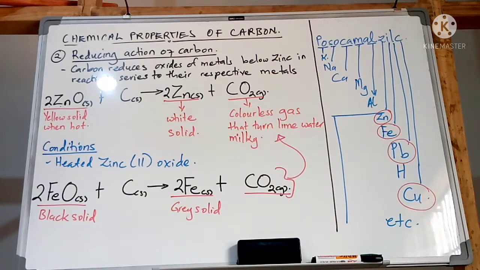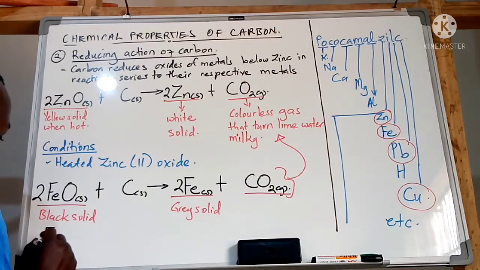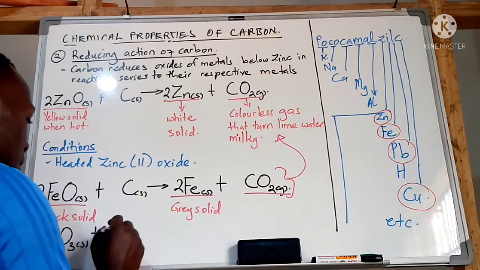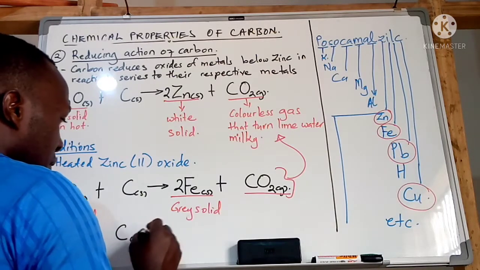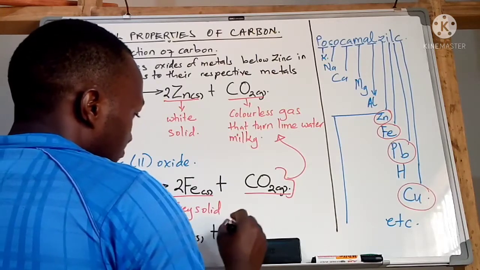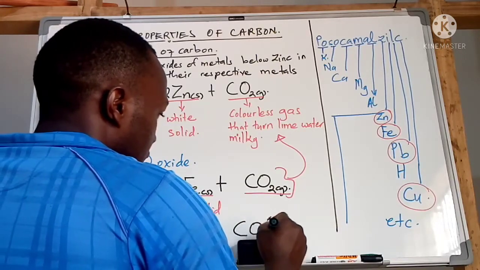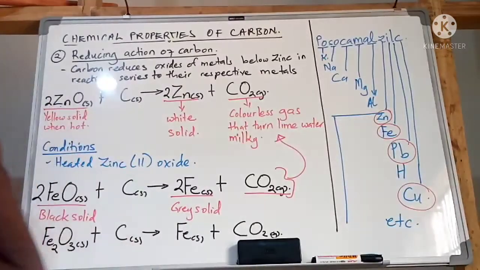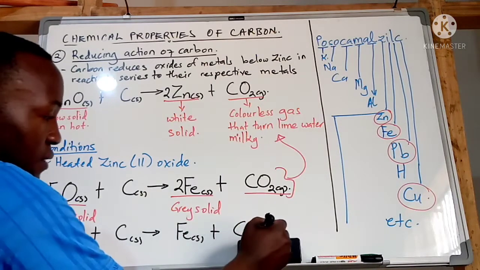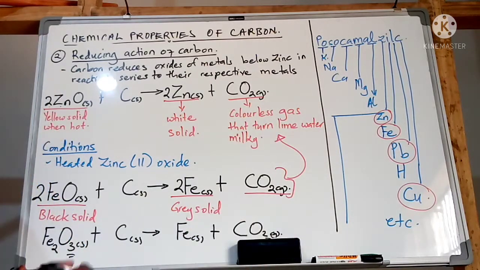When we continue, iron has more than one oxide. It can be iron(III) oxide, which is being reduced by carbon, and we form iron plus carbon dioxide gas. So on balancing, make sure you make this oxygen to be even, because the other side is an even number.